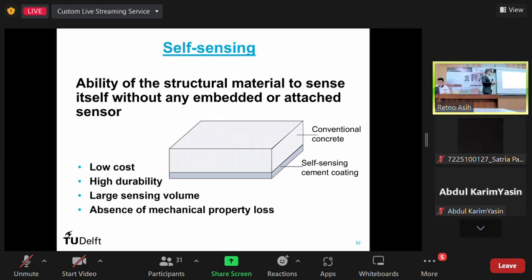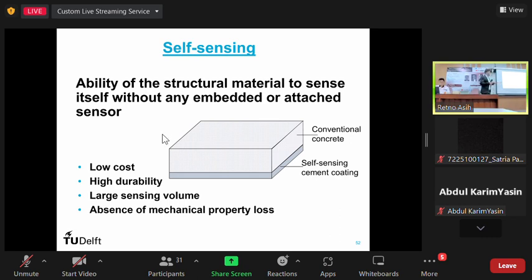For example, you have a concrete material, and you add some electrically conductive material or inks to sense itself. So the structure is generating some data that you can sense. It can be the change in electrical resistance, or it can be a change of color.